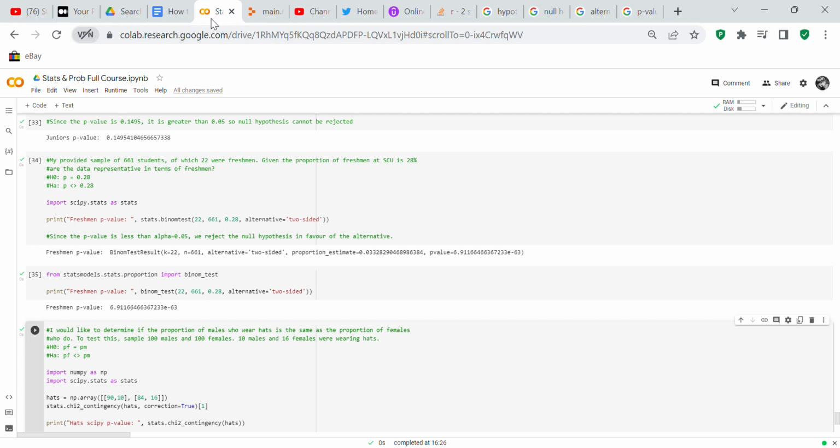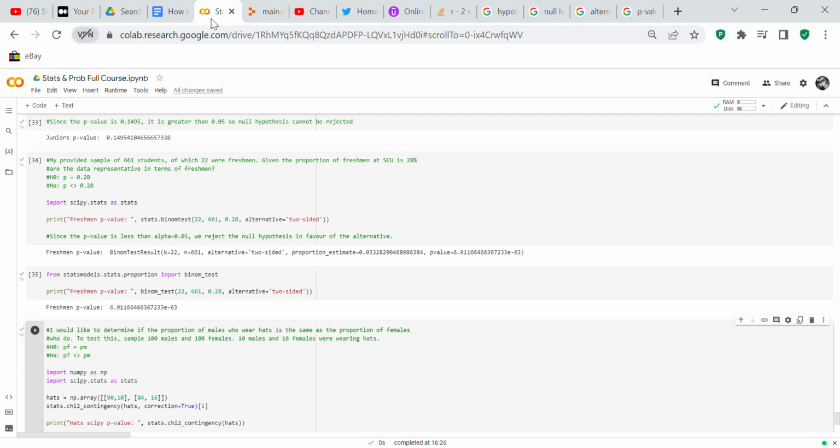And then we had a p-value of 6.9e-63, which is not the same as 2.2e-16, but it's definitely less than 2.2e-16. And then the next thing we're going to look at is statsmodels.